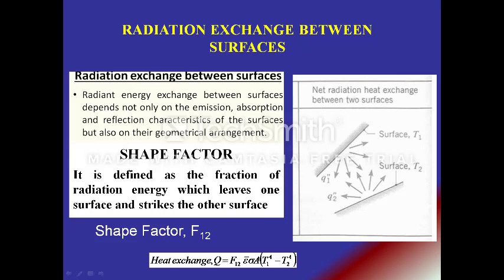Here epsilon bar is a value calculated from the emissivities of the two surfaces, epsilon 1 and epsilon 2. You can say it is the effective emissivity. I will explain in the next slide. So from this slide we understand that radiation exchange between two surfaces mainly depends on the geometrical arrangement of the two surfaces.